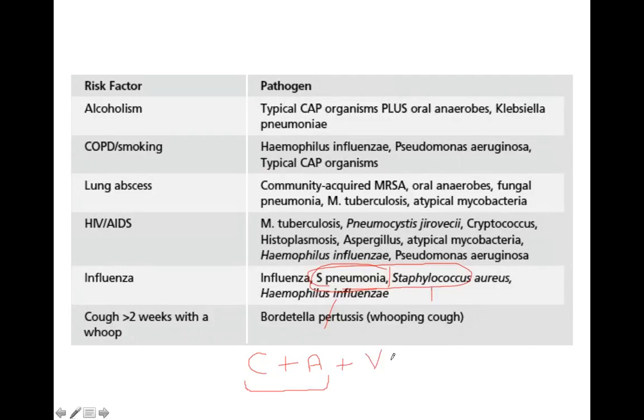So we give the patient vancomycin. Okay, so in post-influenza pneumonia, this is our treatment. Either we give levofloxacin or moxifloxacin plus vanco, or we give the patient a combination of ceftriaxone plus azithromycin, which will cover these bacteria. But for covering Staph aureus, we have to give the patient vancomycin.